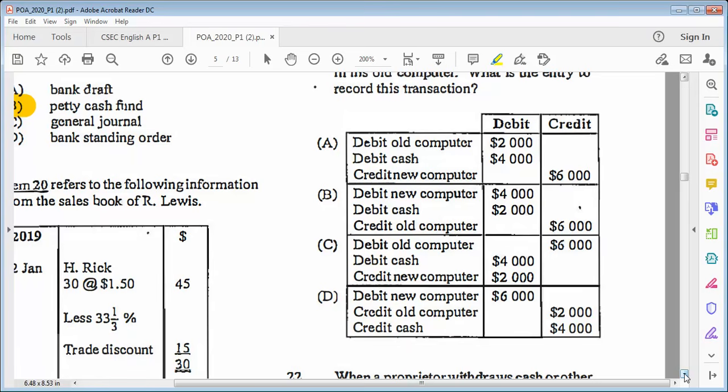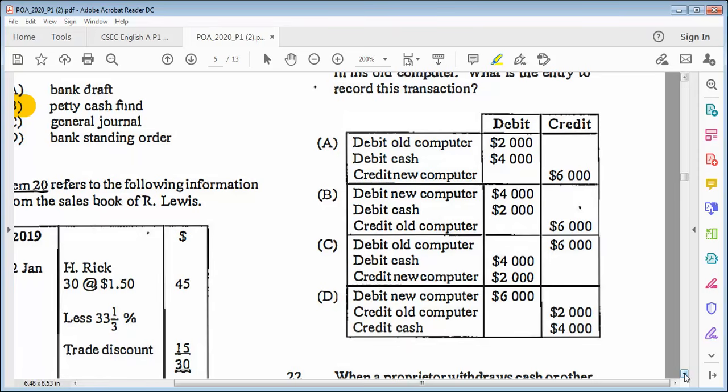C, debit old computer, credit $6,000, debit cash $4,000, credit new computer $2,000. That would be in the debit side of the transaction. D, debit new computer $6,000, credit old computer $2,000, credit cash $4,000.